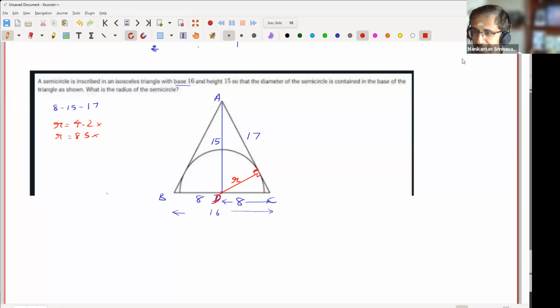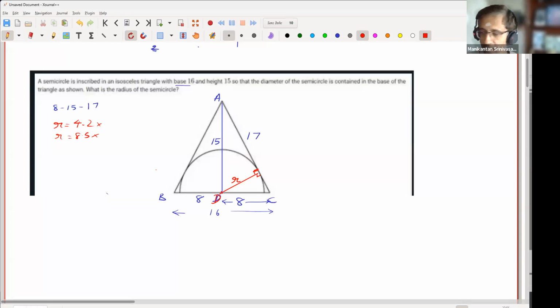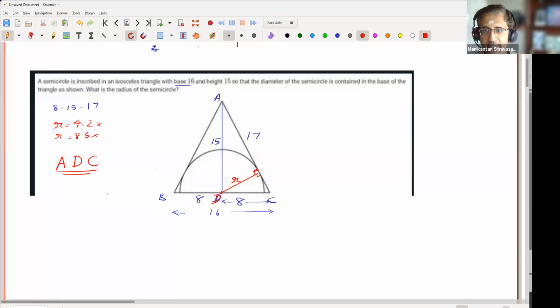So I want to discuss at least 3 different ways of doing it, including what Arnav just suggested, area. Okay, Snigdha, what is the area of ADC?